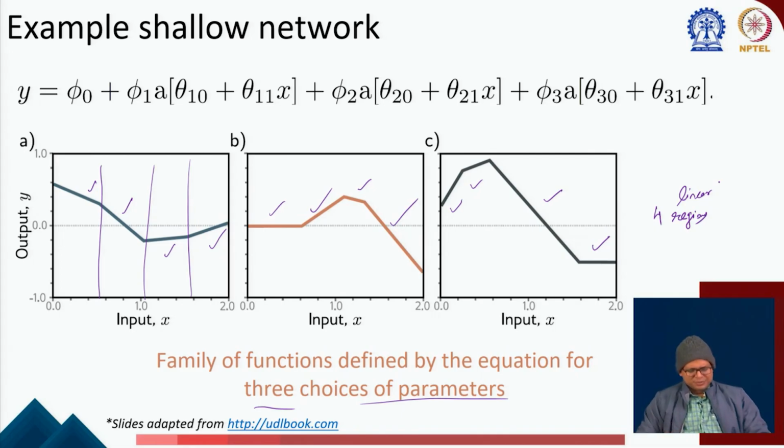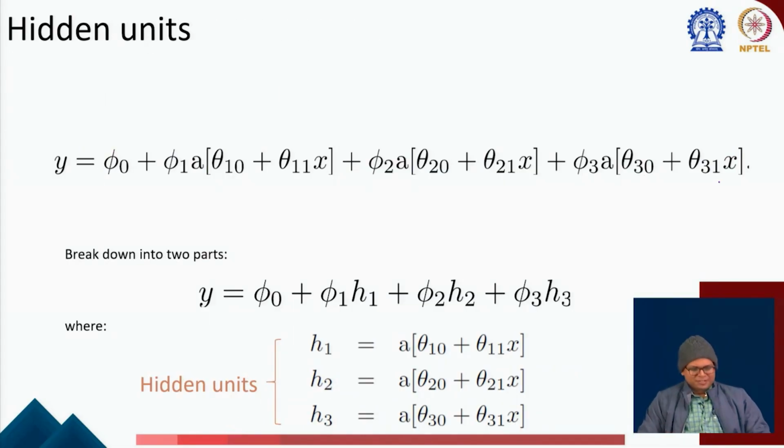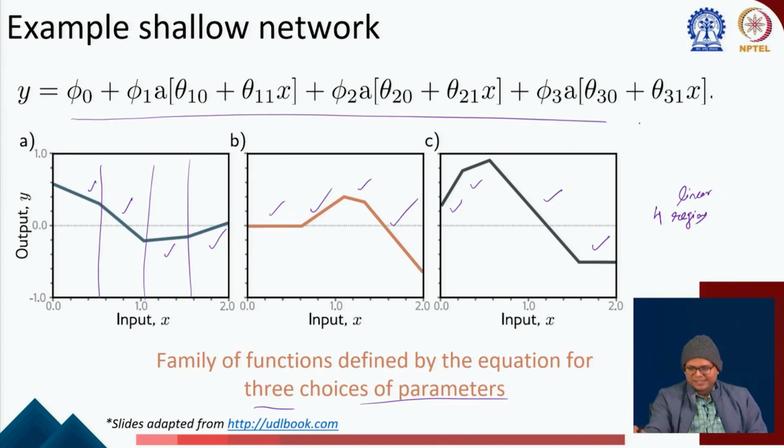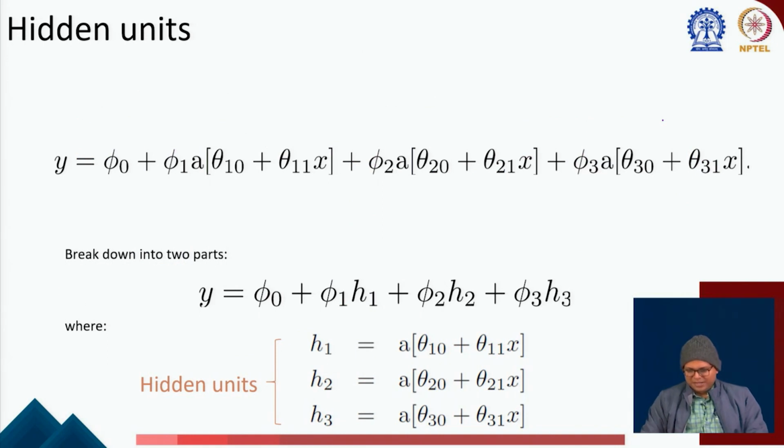Okay, fine. So we will look more into how you determine what will be the shape of this final output given a particular shallow neural network. So let's break it into 2 parts.